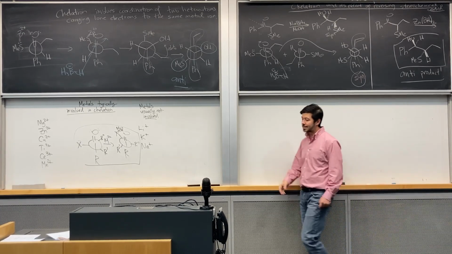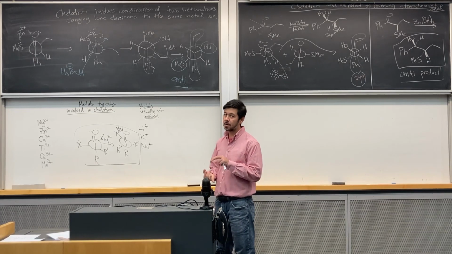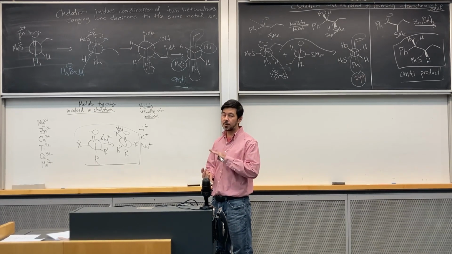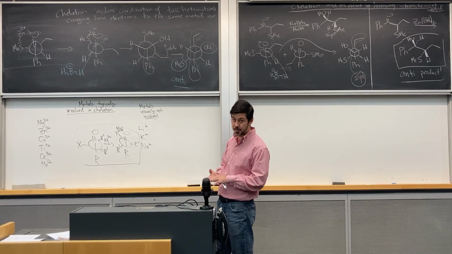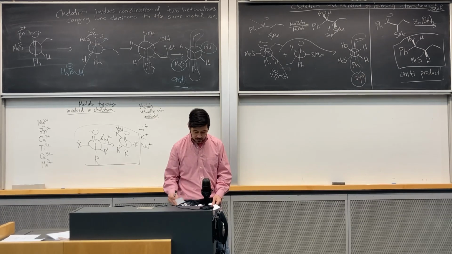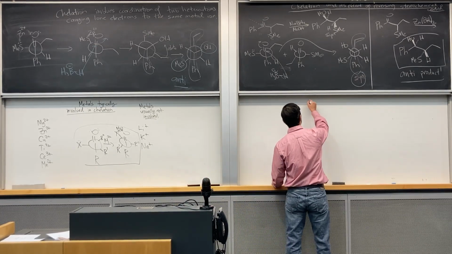As you can see, there's a number of factors. We have to consider the size of the group. We have to consider whether there's an electronegative element, like oxygen, sulfur, or nitrogen. And then we also have to consider what kind of metal we're using. So I have a little flow chart here that will be quite useful when you are working on problems.